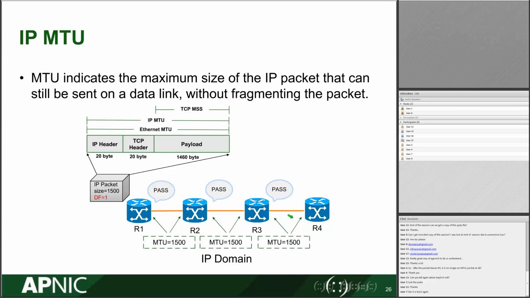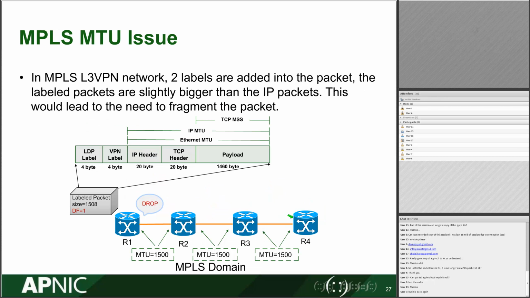But if the packet size is larger, for example, we add 2 labels for MPLS Layer 3 VPN, 2 layers of labels, and one label is 4 bytes, then it will be 1508. If it still has don't fragment set, then the packet will be dropped, since the MTU is 1500.